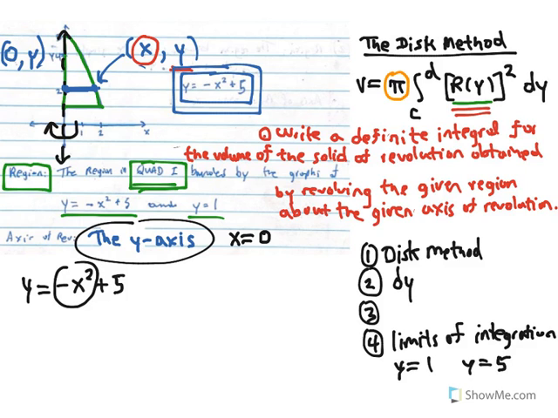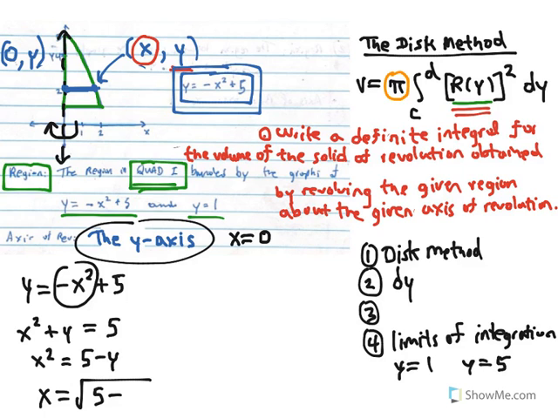So when we do that, we get x squared plus y is equal to 5. And then we can subtract y from both sides of the equation. So we get x squared is equal to 5 minus y. And then we can take the positive square root to get x is equal to the positive square root of 5 minus y.